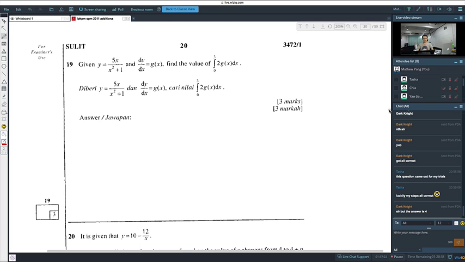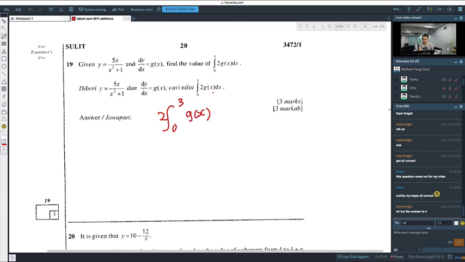Okay, this one, the question says dy/dx equals g(x). Find the value of the integral. Okay, it's not too bad. 0 to 3, this is 2, g(x).